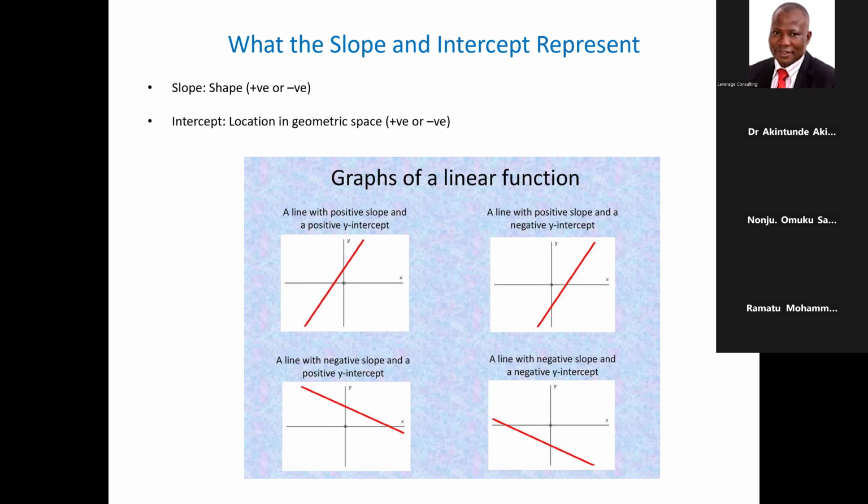you will see that for this first one, slope is positive and the intercept is positive. If you move to the second one on the right side, a line with a positive slope and a negative intercept, you see that it's still a positive slope, but the line crosses Y on the negative side of Y, which is below the horizontal line.